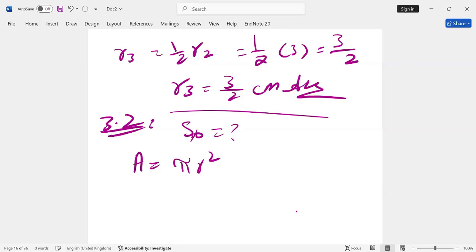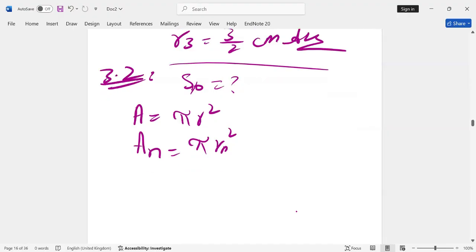In the sense of n, we write pi rn square, all right? So if we create the sequence of areas, we have an.